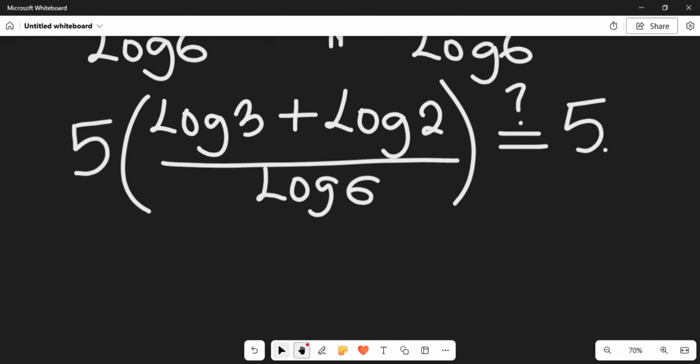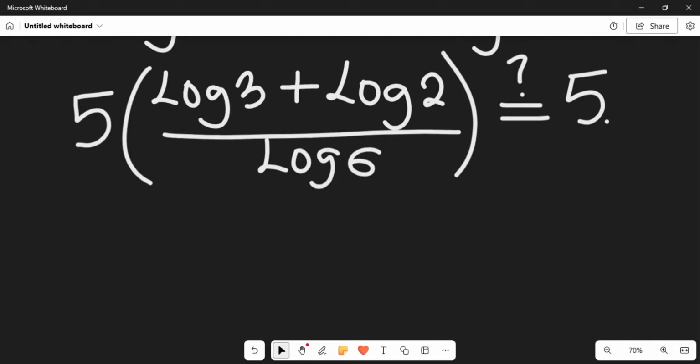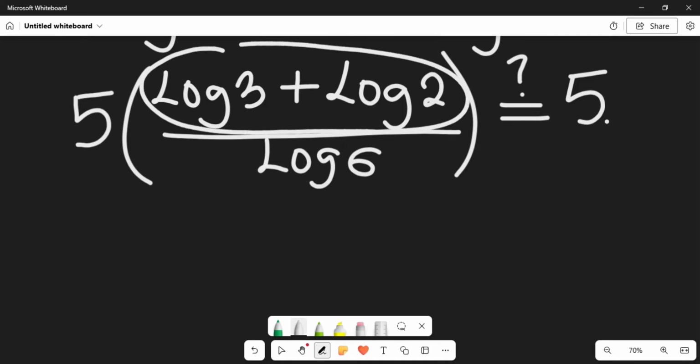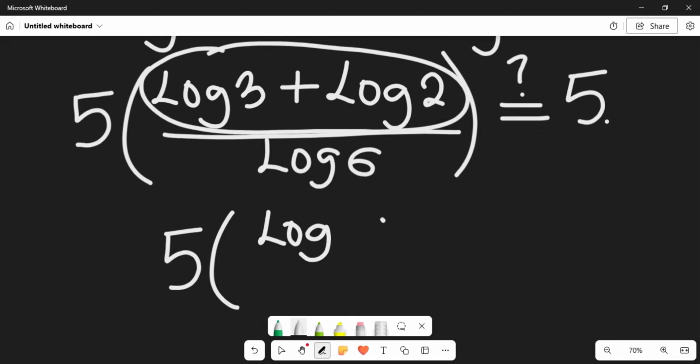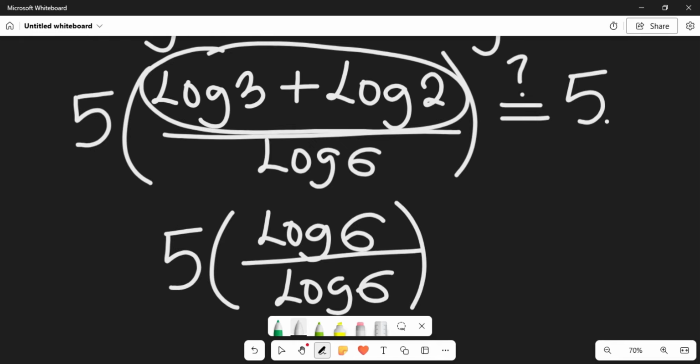Now if you look at that expression very well, you can see that using the product rule of logarithm, this can go back to 5 multiplied by log of 3 multiplied by 2. That will give us log of 6. Remember the product rule of log, and this will give us log 6. Now, will this be equal to 5?